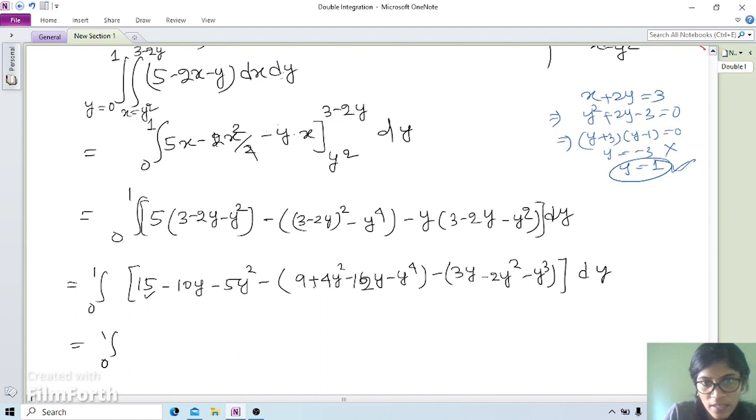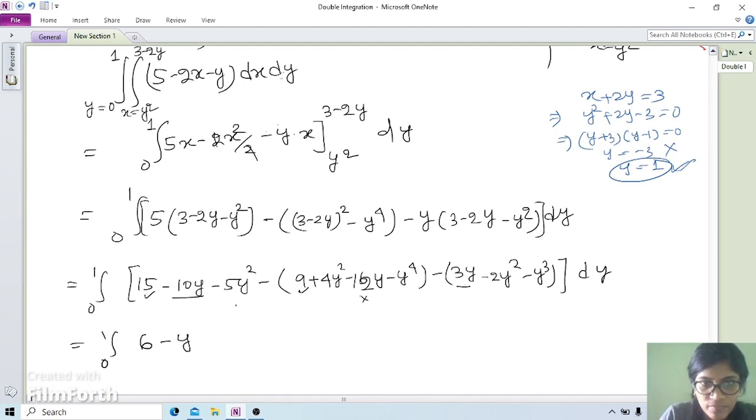Here 15 minus 9, which equals 6, minus 10y minus 3y. Here minus of minus plus 12y, 12y minus 3y, 9y minus 10y, which equals minus y.